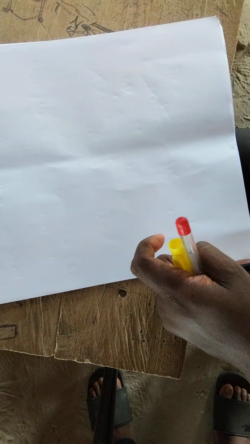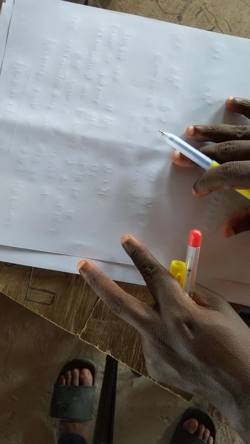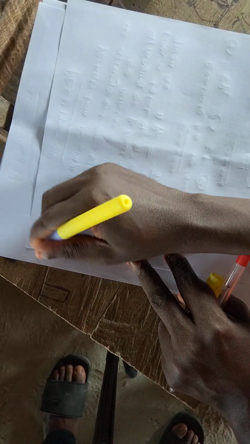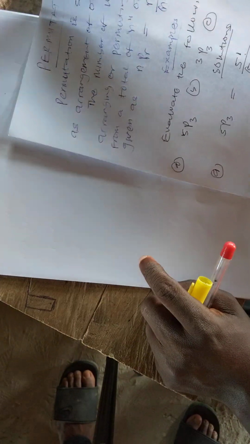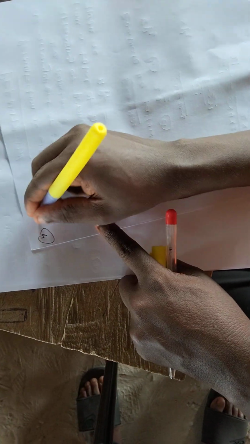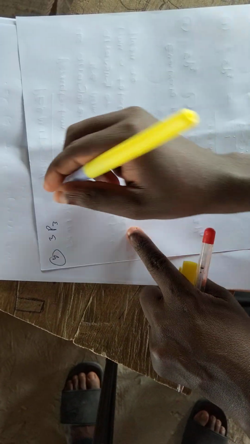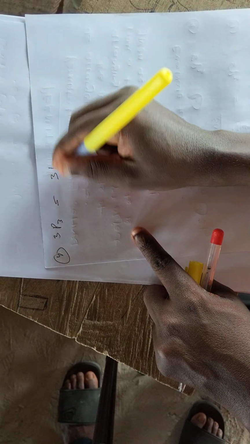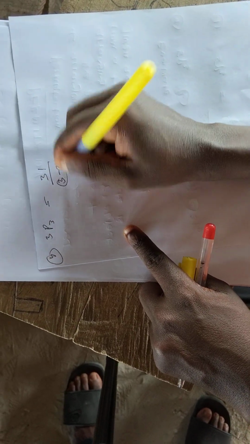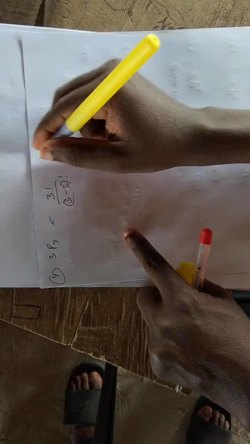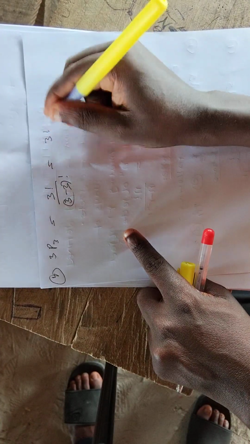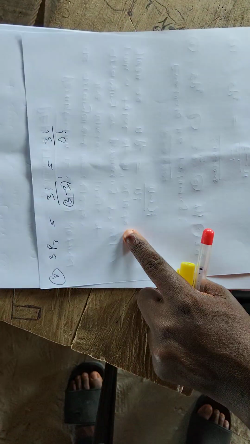So let's look at B. Question B says we should look for 3 permutation 3. So this is 3 factorial over 3 minus 3 factorial, which equals 3 factorial over 0 factorial.